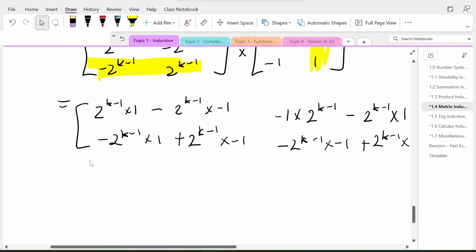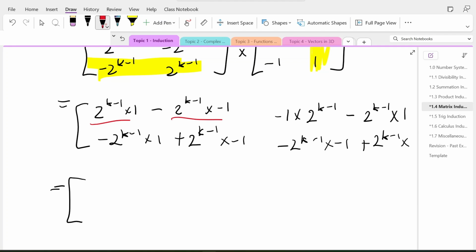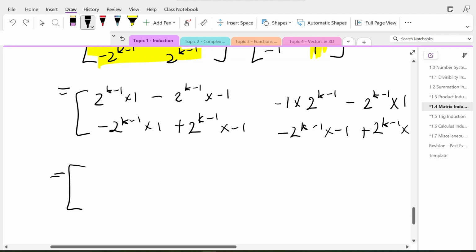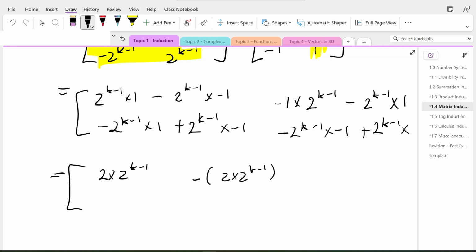So you might notice here, this first term and this one are actually just the same term, because in that last term, both negatives cancel out and make it into a positive. So this is 2 times 2 to the K take 1. This next term, the negative can come out the front, 2 times 2 to the K take 1.